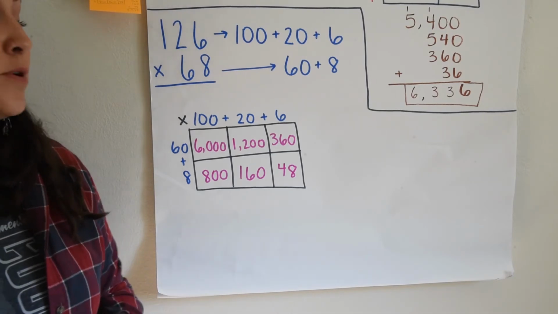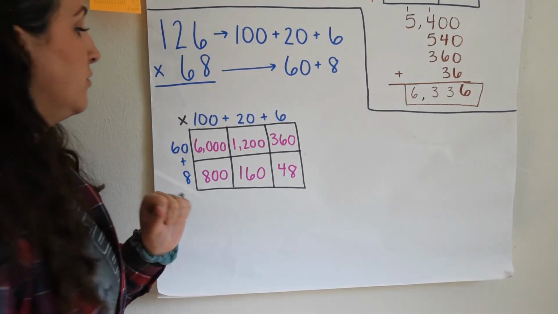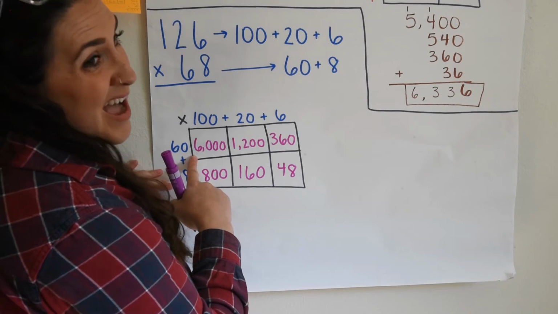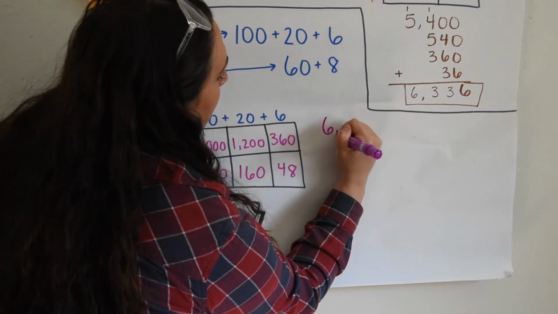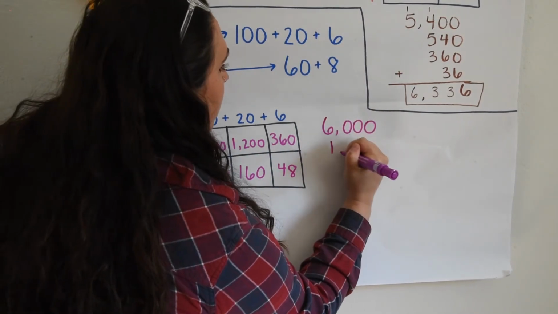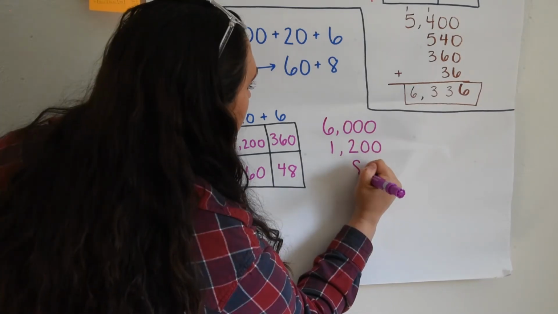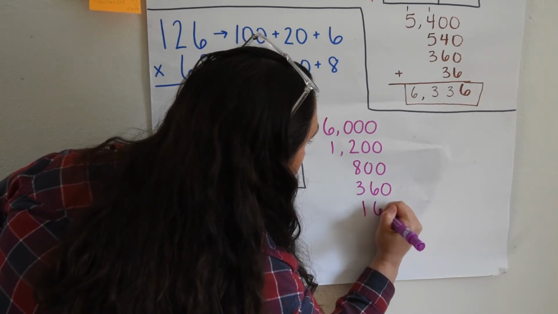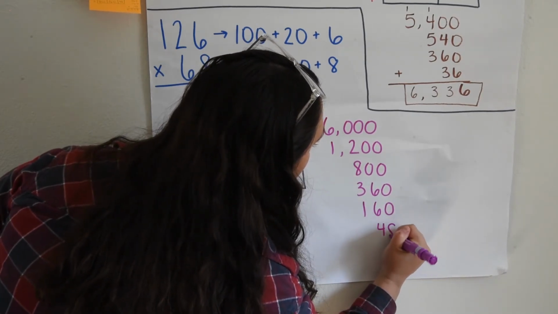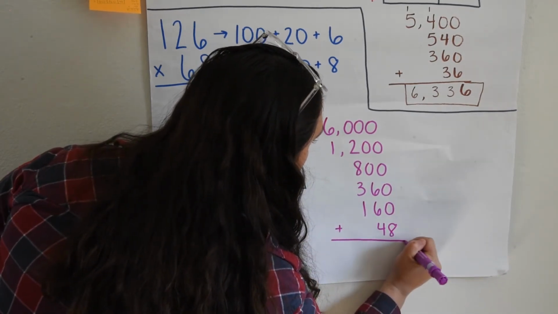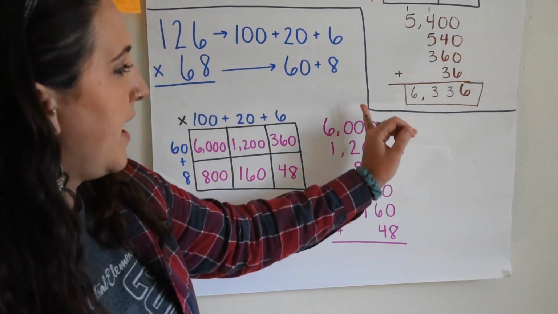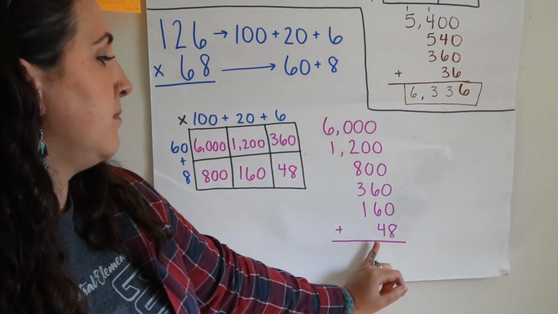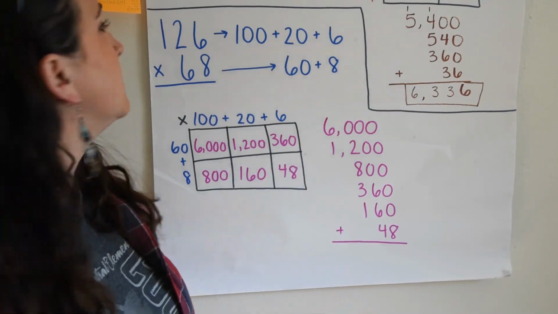But remember, it's super important to have our place value lined up. Like I said before, I like starting with the biggest numbers first. I have 6,000, 1,200, 800, 360, 160, and 48. As you can see, I have them all lined up based on my ones, my tens, my hundreds, and my thousands.